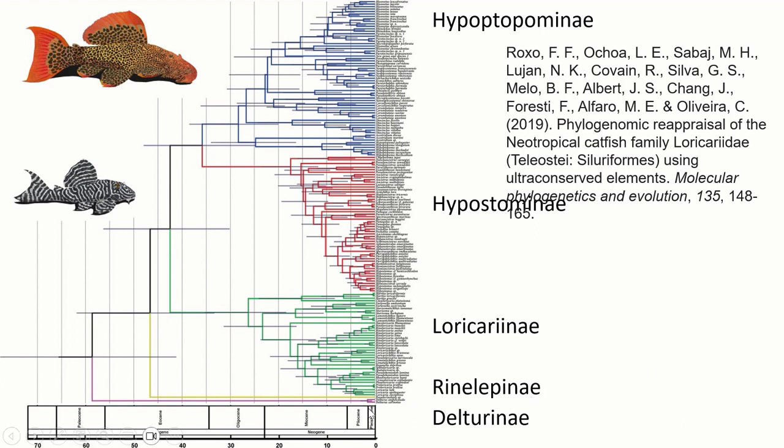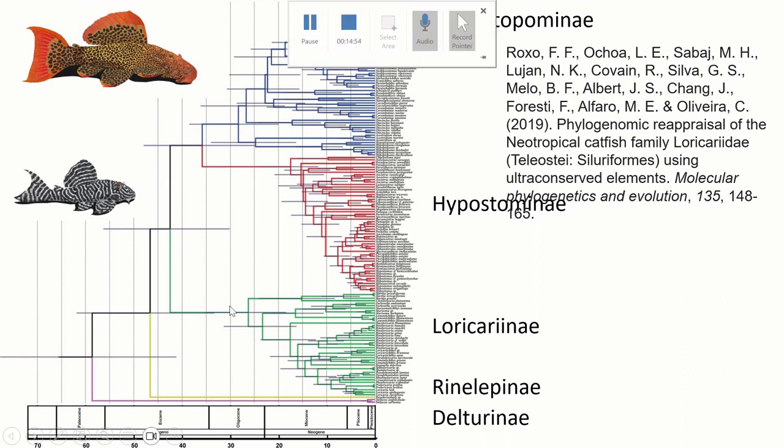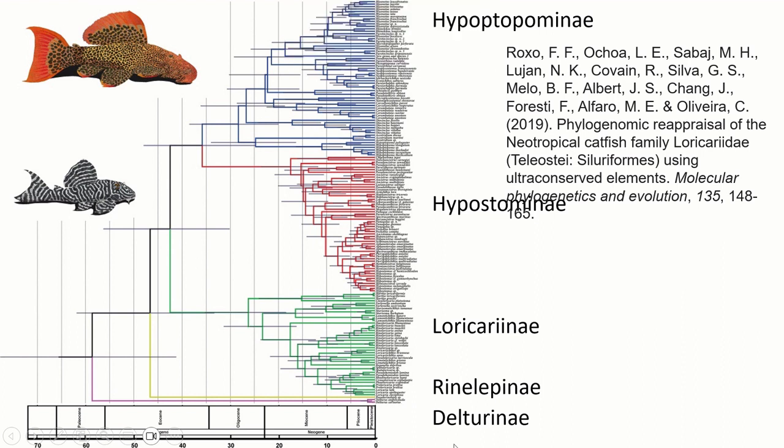Rhinolepinae is next out. That's the yellow one. That's like Pseudorinelepis, Genibarbus, and also L95. Then next, branching out as we go further. And remember, phylogenetic trees aren't about most evolved. They're just about where they've branched out.